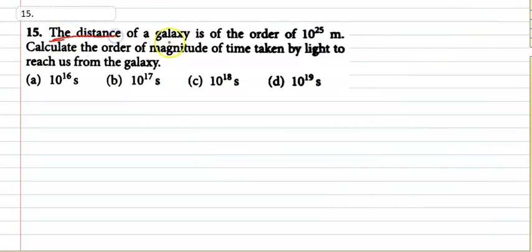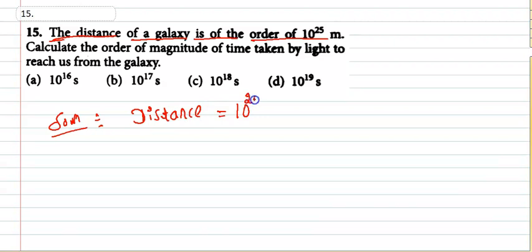The distance of a galaxy is of the order of 10 to the power of 25 meters. Calculate the order of magnitude of the time taken by light to reach us from the galaxy.